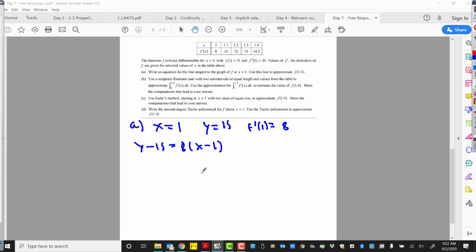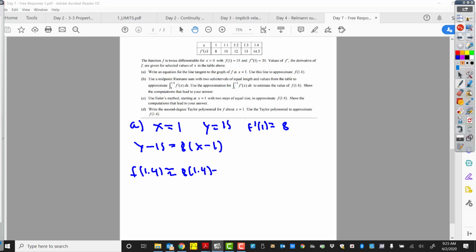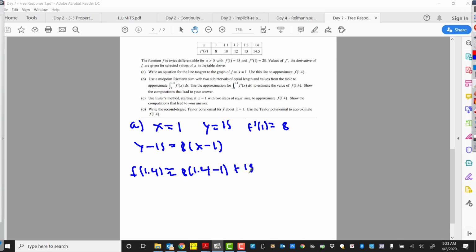All right? So then it says use this line to approximate f of 1.4. So we know f of 1.4 is going to be approximately what we get when we plug in 1.4 there: 8 times 1.4 minus 1, plus 15. And then we solve this out.